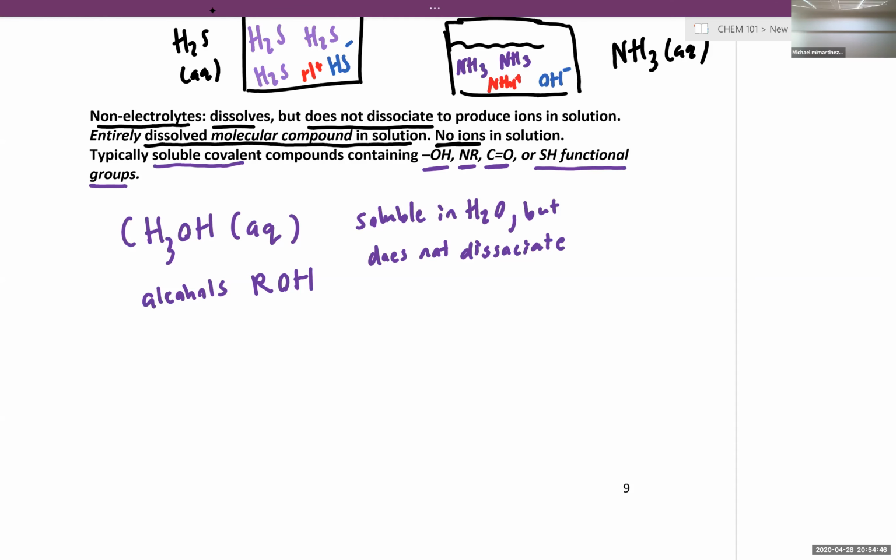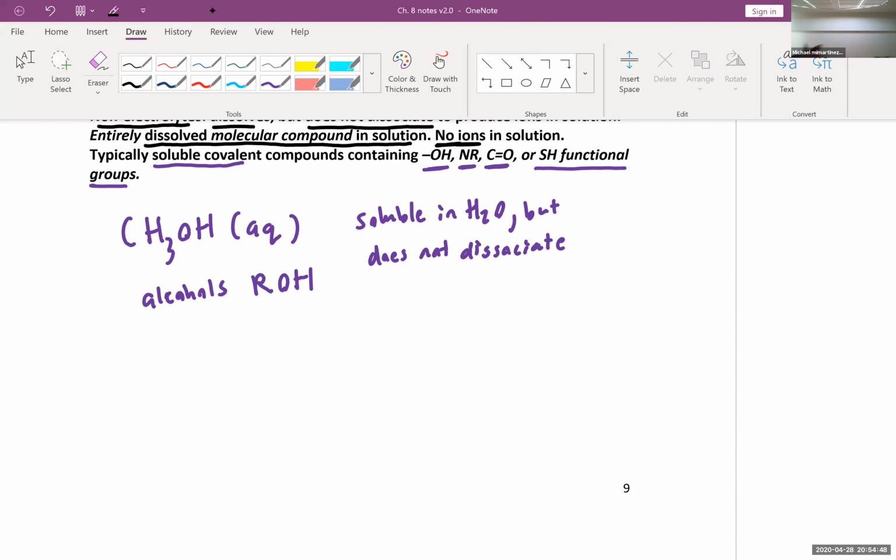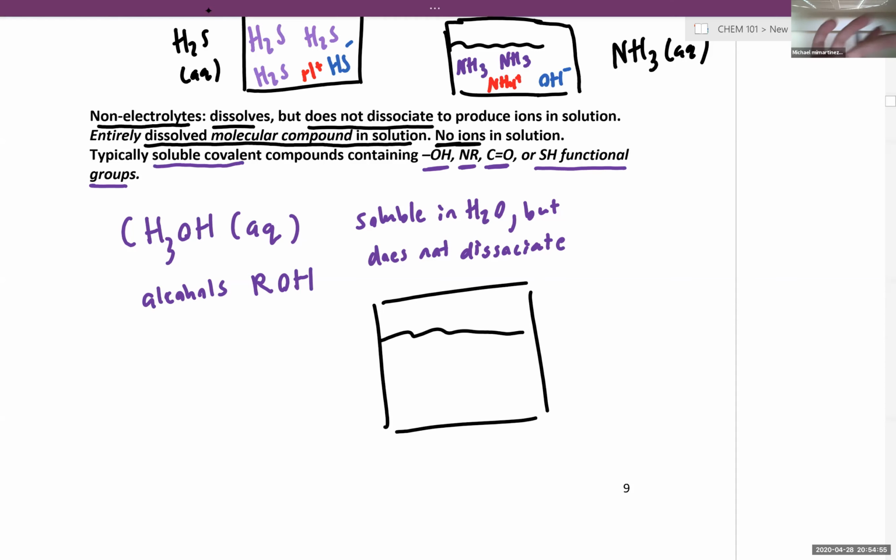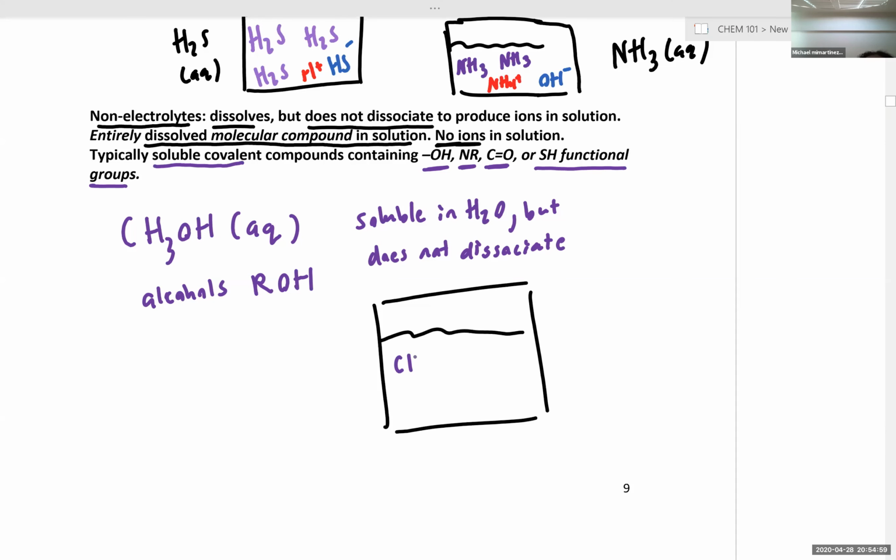So if we look at a picture for this non-electrolyte, what we would see is 100% molecular compound. We'd only see our methanol floating around in solution. We would not see any ions.